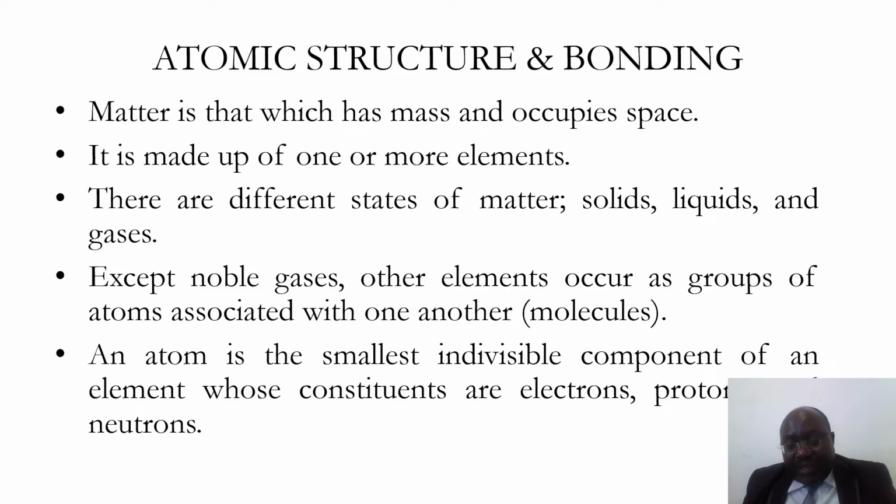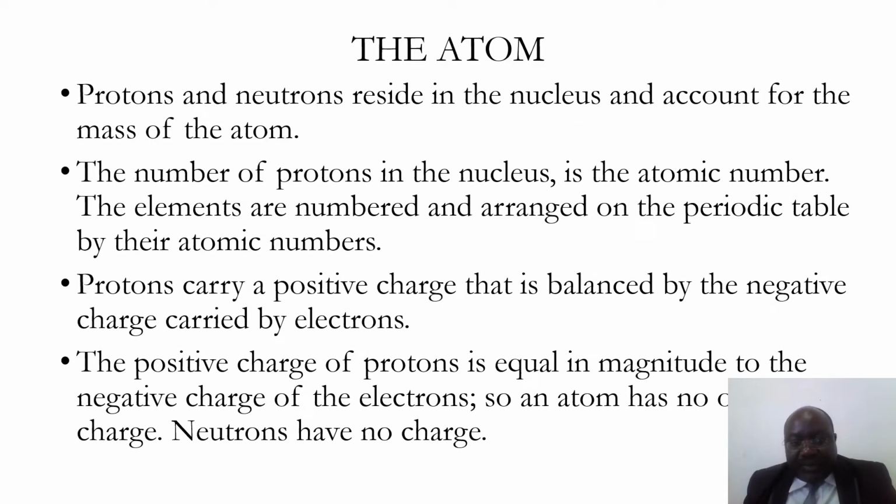Other elements occur as groups of atoms associated with one another, or molecules. An atom is the smallest indivisible component of an element whose constituents are electrons, protons, and neutrons. Protons and neutrons reside in the nucleus and account for the mass of the atom.